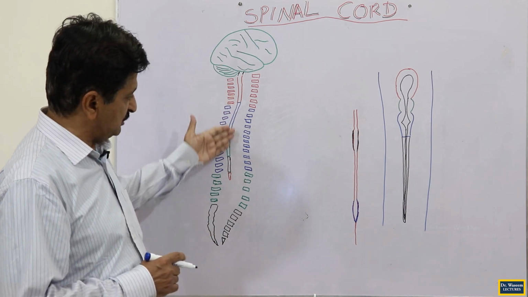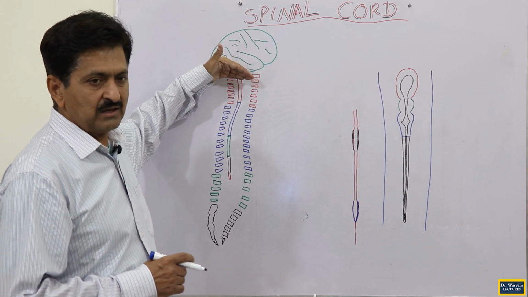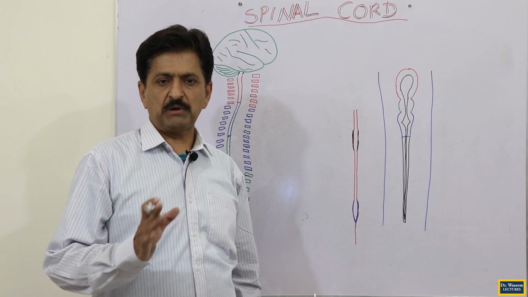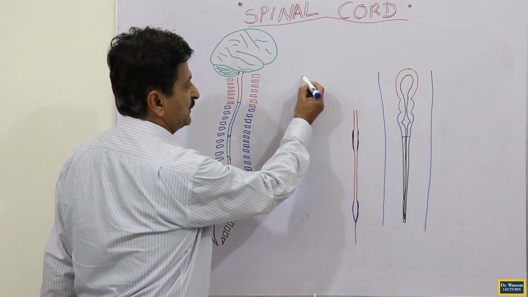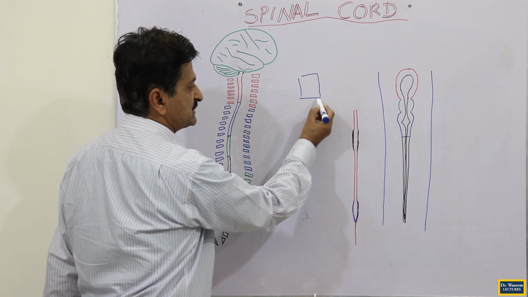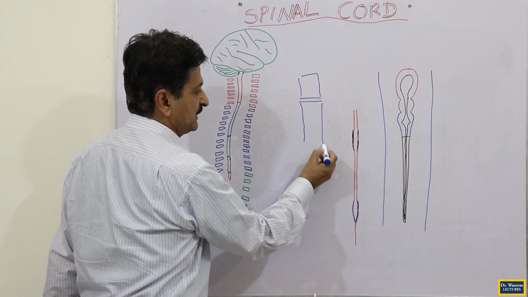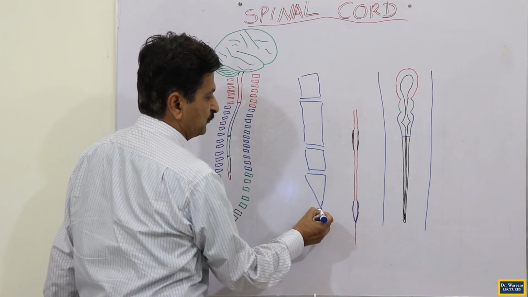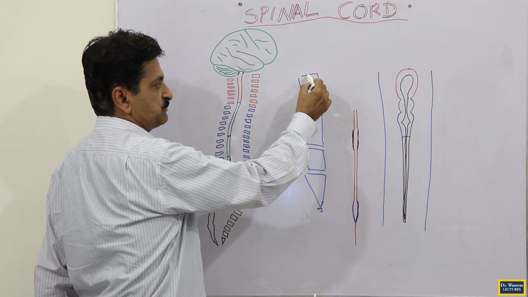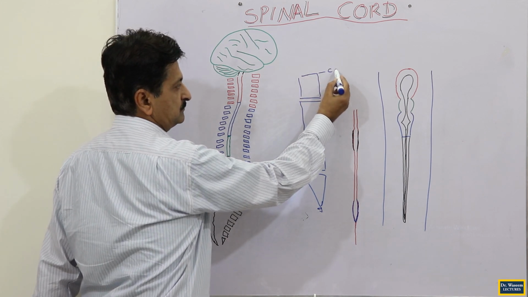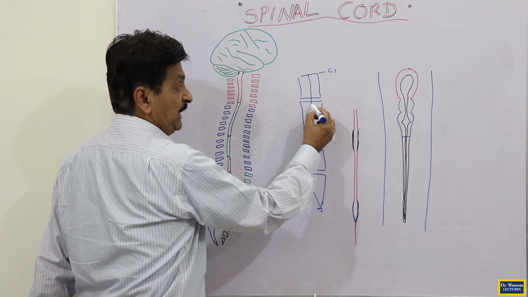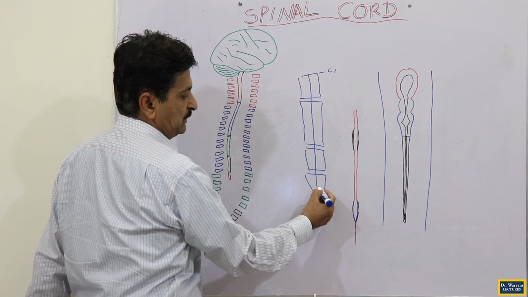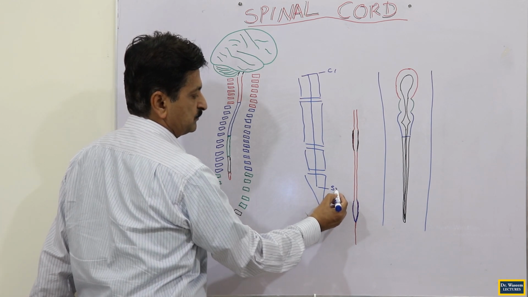But you see, this is the spinal cord; it starts at the upper part of C1, but where should it finish? When you are discussing the spinal cord, you have all the vertebrae here: 7 cervical, 12 thoracic, 5 lumbar, the sacrum and the coccyx. The spinal cord starts from the upper part of C1, and in embryonic development it stops at the lower border of S2.